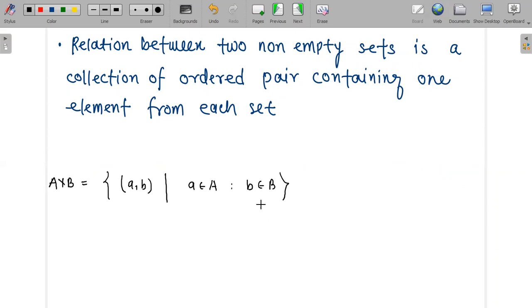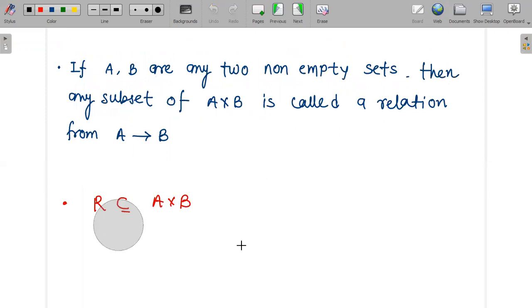Correct. So if a relation between two non-empty sets is a collection of ordered pairs containing elements from each set, then it is obvious that your relation R is inspired by the result of the cross product. That means if you are maximizing your relation, then every element of A cross B will be part of your relation.